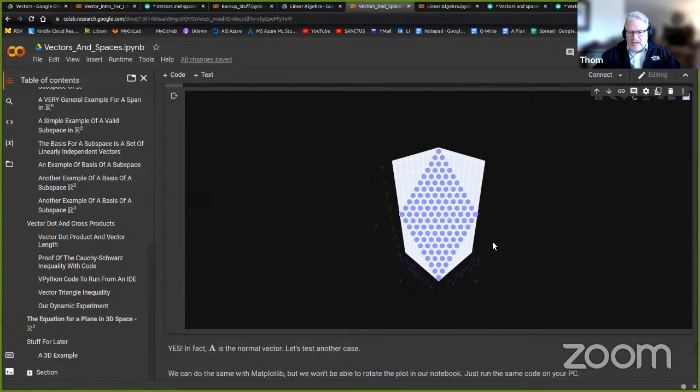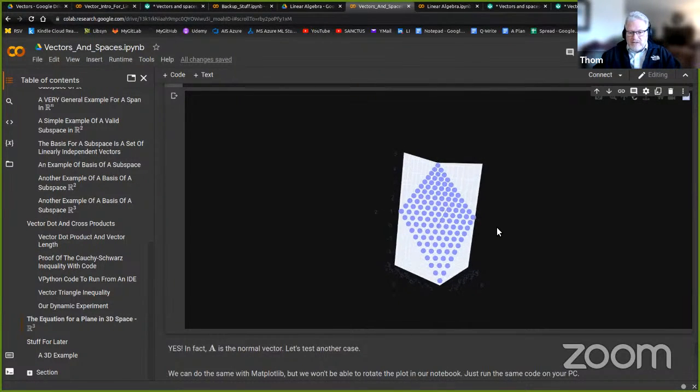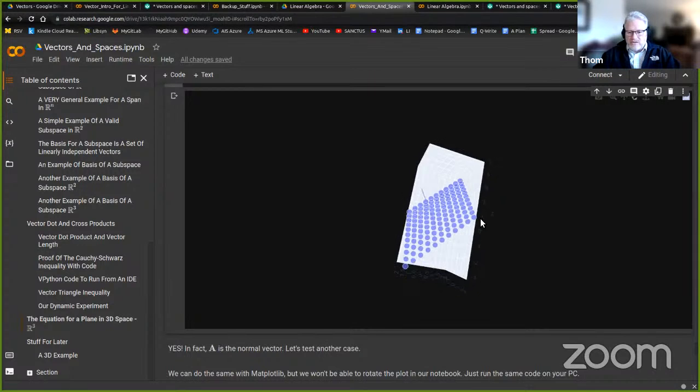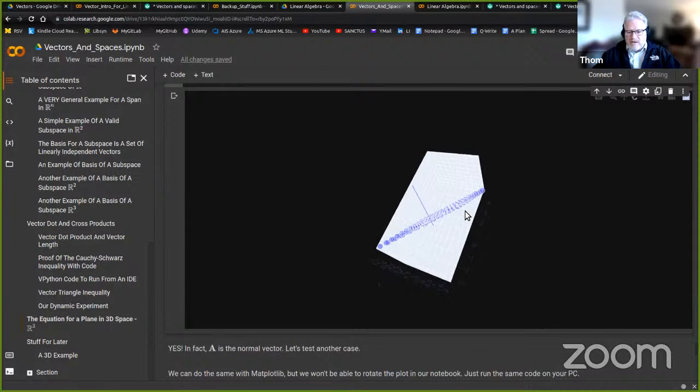And I'm going to start rotating this, and you can see the normal vector because it was pointing straight at us. But if we look at this plane right on its edge and we start twirling that very slowly, and I'm trying to stay controlled here, you can see how it's always normal. Isn't that beautiful?